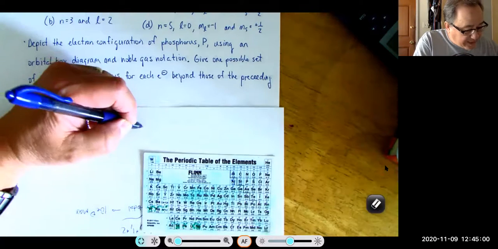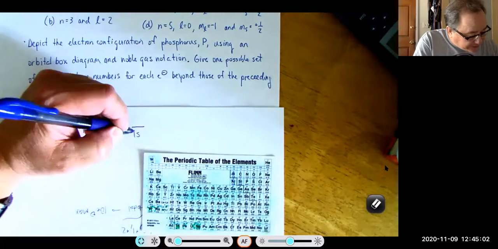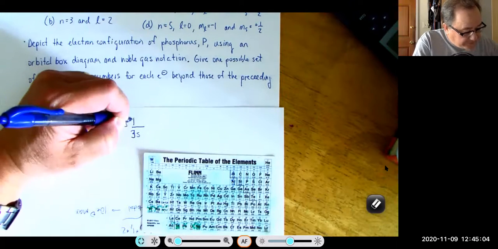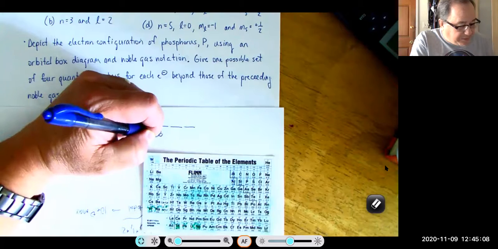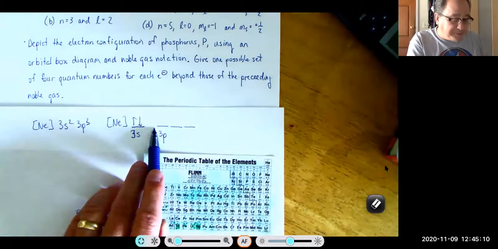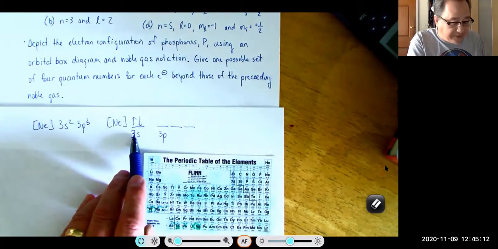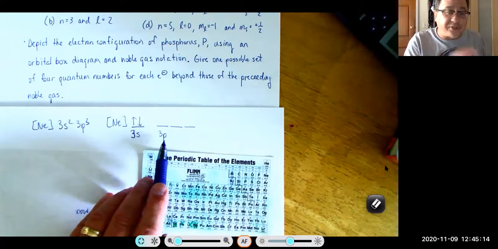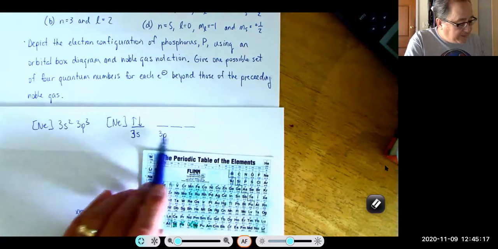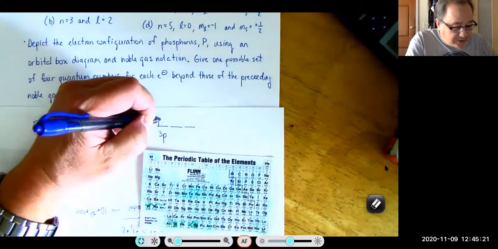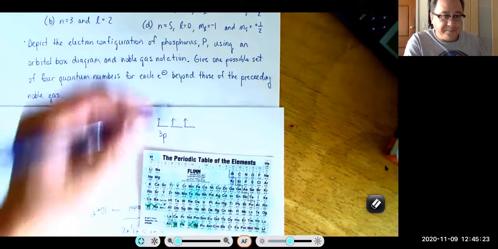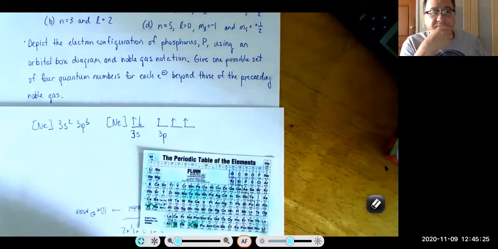So here's the 3s, and here's the 3p. Notice I give a little space between the 3s subshell and the 3p subshell. The 3p has 3 orbitals, so I draw all 3. Any questions there?